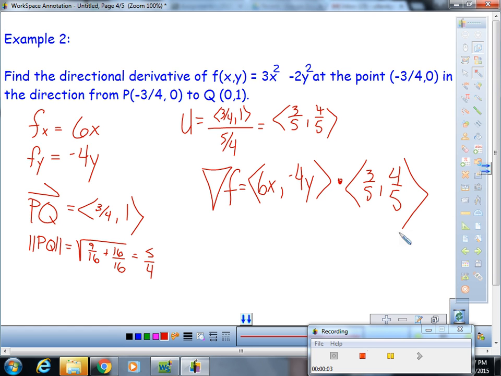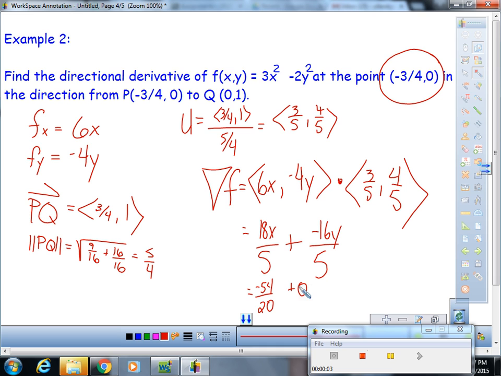So you get 18x over 5 plus a negative 16y over 5, and we know that our x is, no, we got to put this point in. Okay? Does that multiply out to be 0? 18 times negative 3, negative 54 over 20. I'm just going to write that down. Right? Did I do that right? Plus 0. Right?